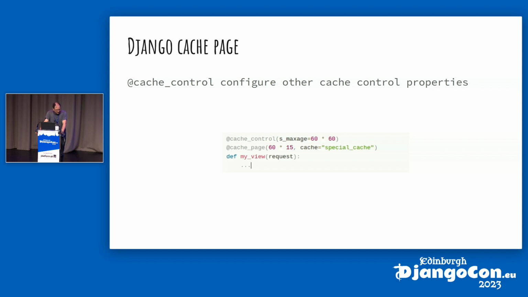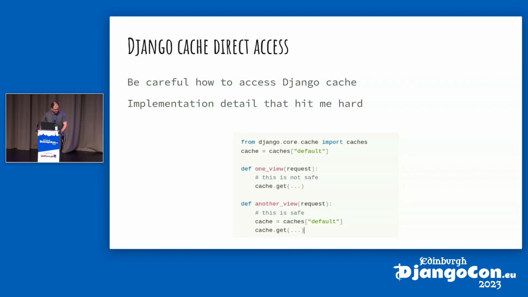Django has not only the cache page, it has cache control too, where you can add custom configuration to your cache control properties. I will talk about them later. You can customize that a lot.